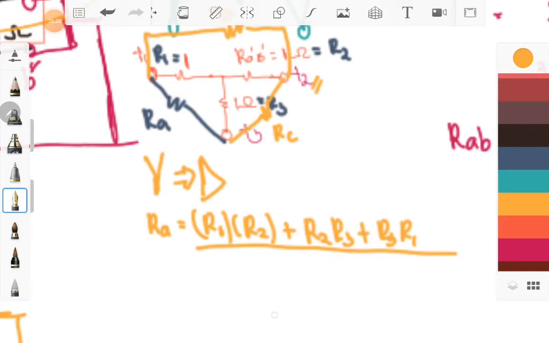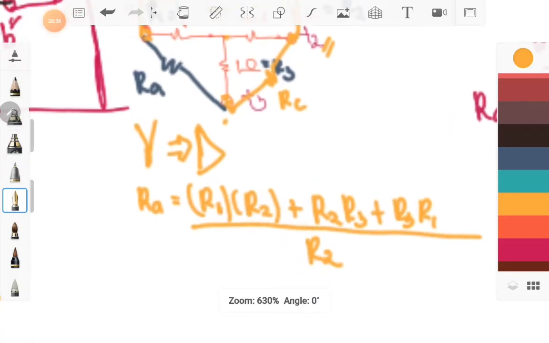This is your R2. It has no adjacent connection to A and B, so only R2 is opposite to your RA.